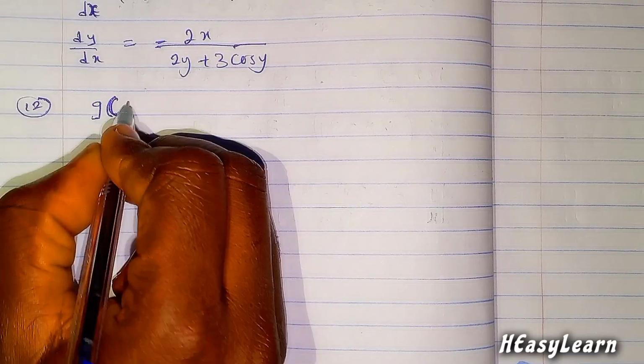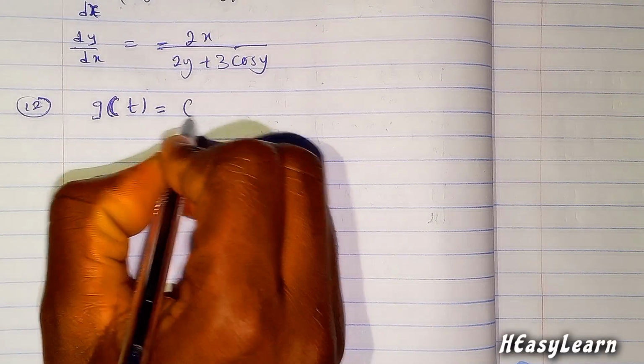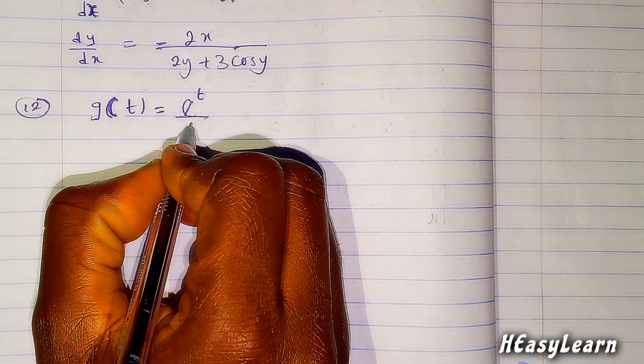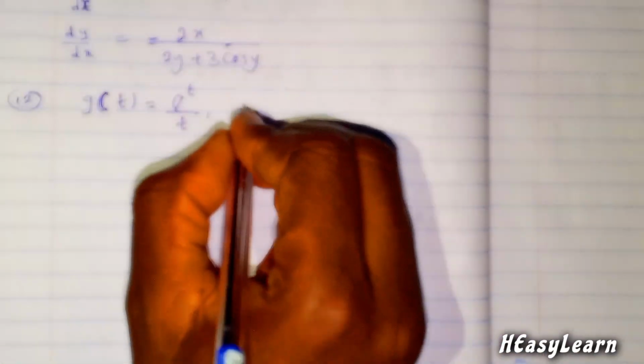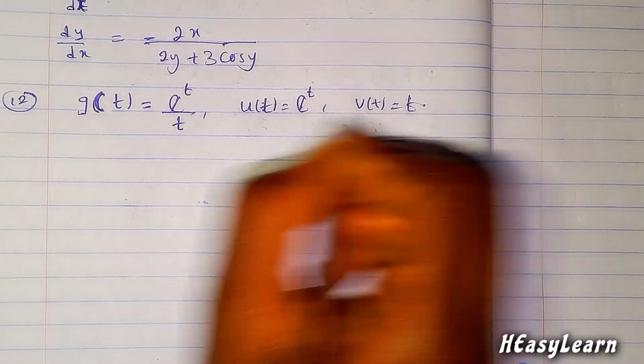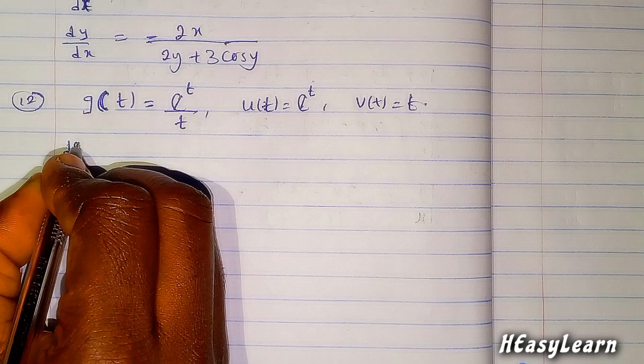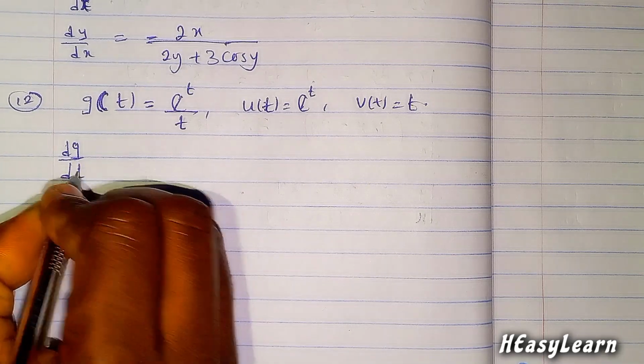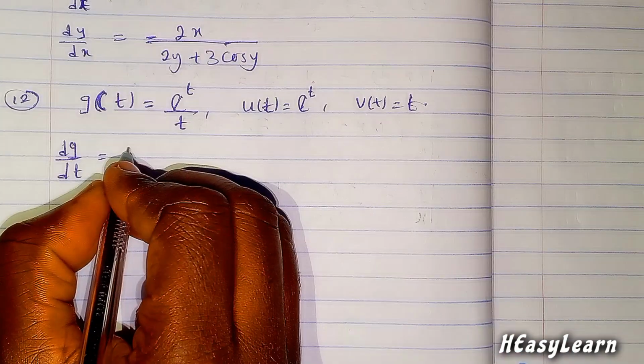You can also use g of t equals to exponential t divided by t. This is a quotient. Let u of t equals exponential t and v of t equals t. Then you differentiate using the quotient rule. The quotient rule says what?